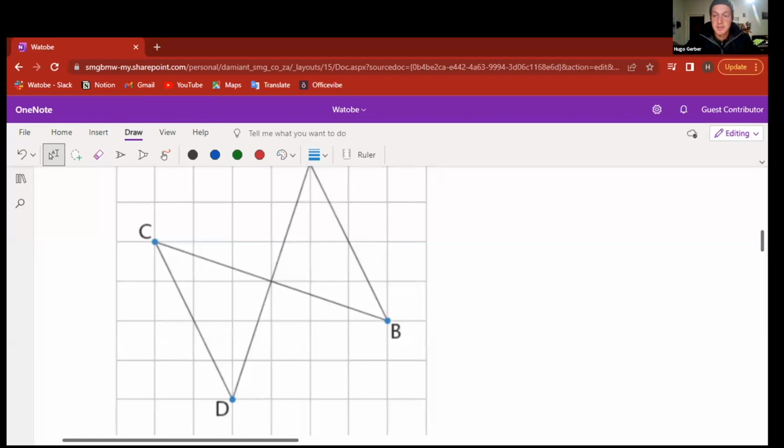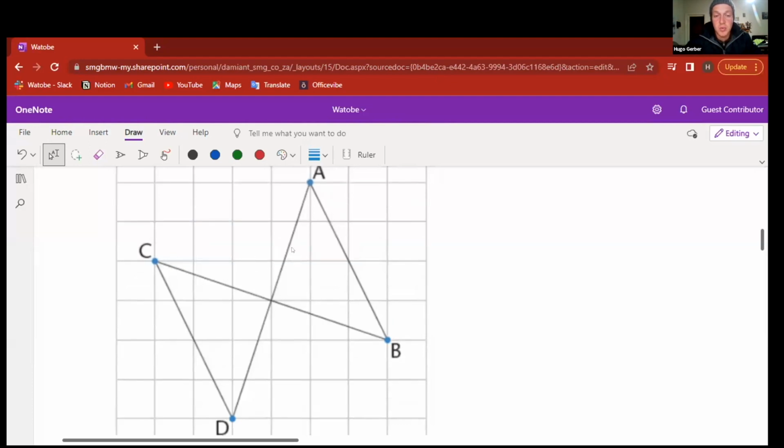Anybody in the chat? Okay, Mulalo's asking what is perpendicular. Okay, we have some guesses coming in. Azande, well done for trying. That is the correct way to name a line.